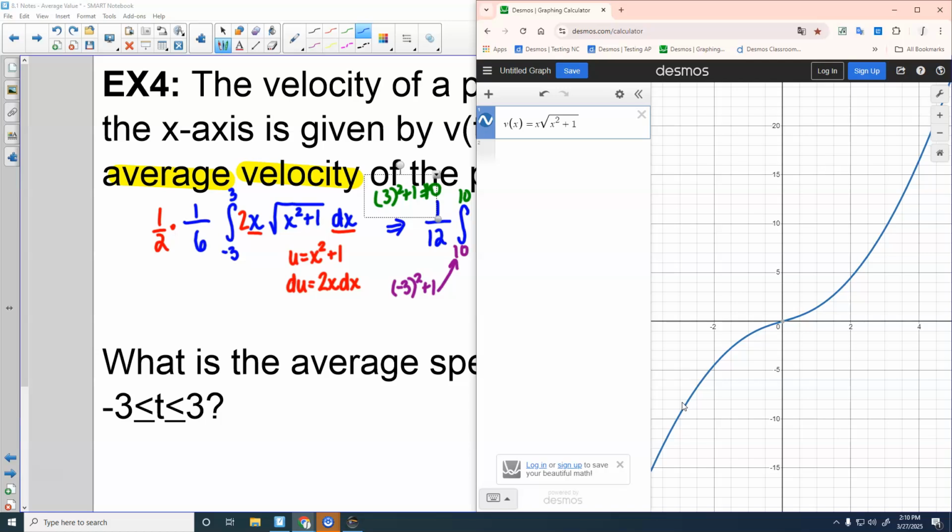Now, a lot of times for a lot of things that we're going to deal with, we don't really want to know average velocity. We want to know average speed, right? So if you drove to Winston entirely backwards, and then you drove forwards home, we possibly could say your average velocity was 0 there.